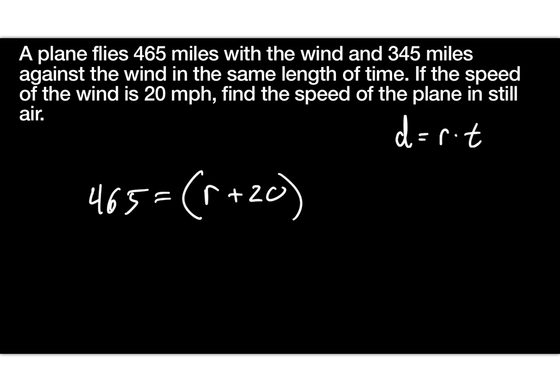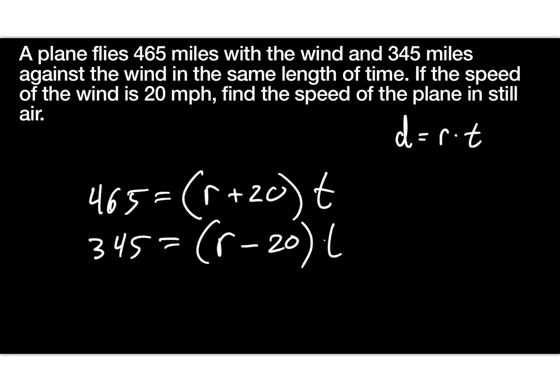So with the wind, you're going to have a faster rate, times time. I have a second equation. 345 miles. That will equal the speed of the plane minus 20 because you're going into the wind, times time.